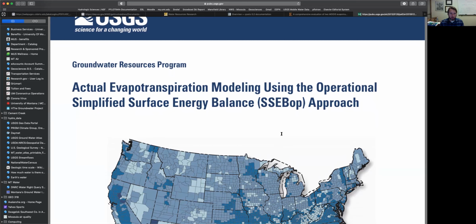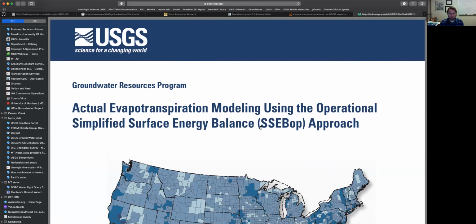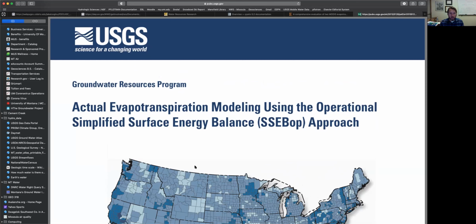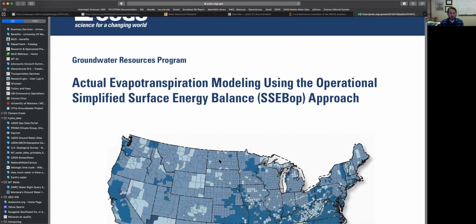All right, so this is produced by the USGS. It's a method where they estimate AET, actual evapotranspiration. They're using that surface energy balance, all right? And then they modify it using satellite imagery of greenness. So they're looking at how green the plants are. And that gives them some idea of how much ET there is.